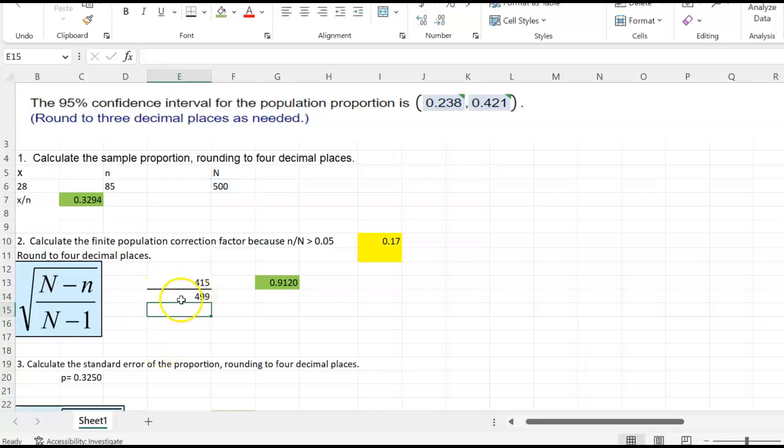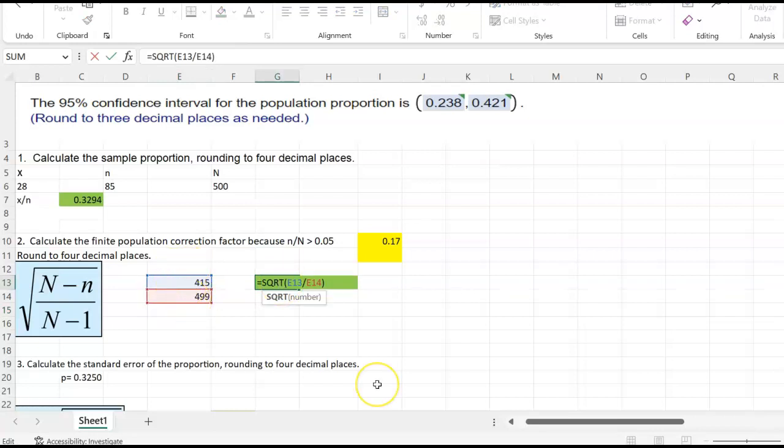The reason I use these cells is if I want to work another problem, all I would have to change is x, n, and N, and it will work the entire problem for you. So I did the numerator and denominator, so just take the square root of this divided by this, and I get 0.9120.